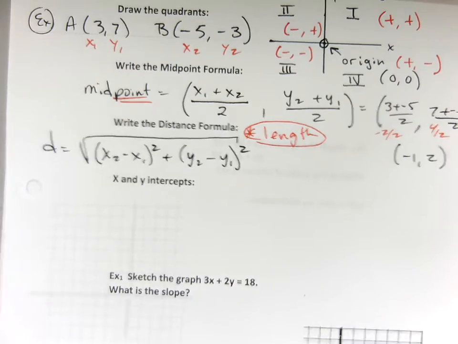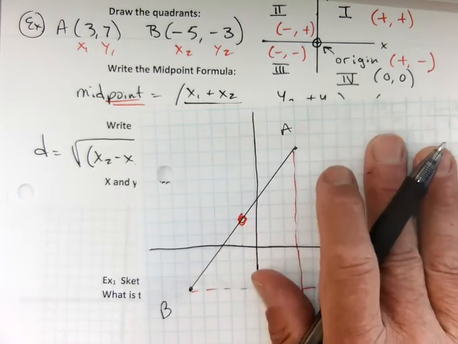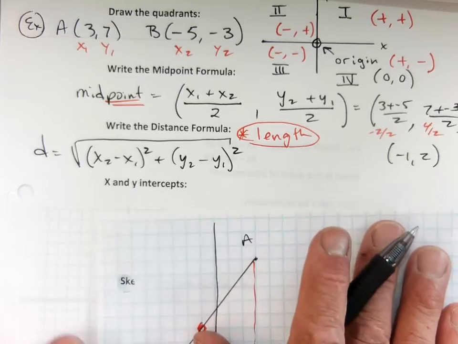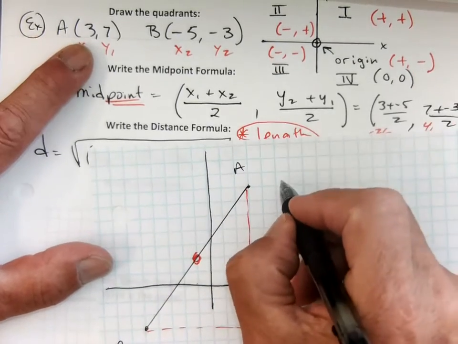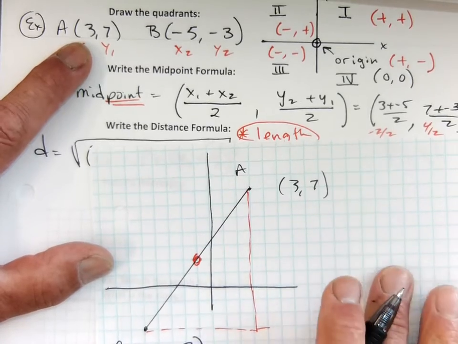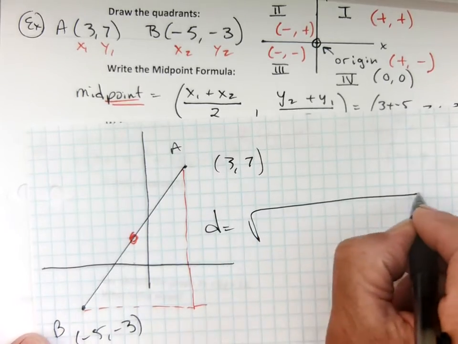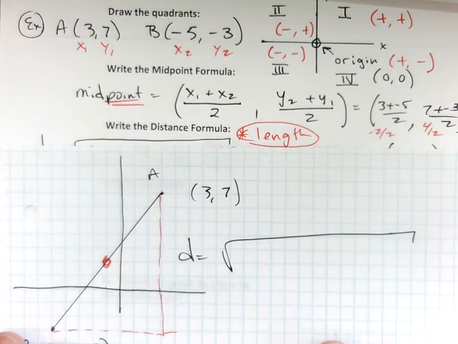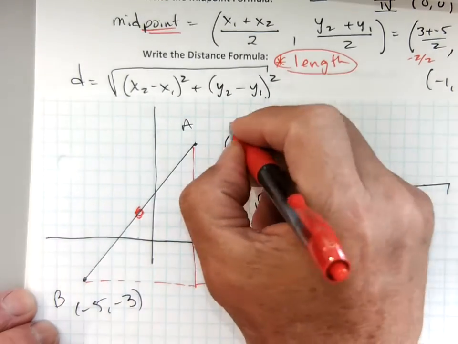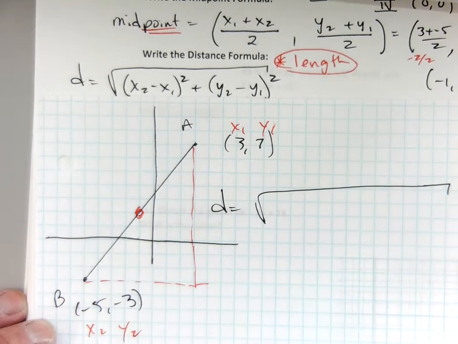So then, if I want to find the length or distance of AB, I've got my points, which happen to be 3, 7, and negative 5, negative 3. I would go D equals the big square root of, okay? Here's my formula. We called this one x1, y1, and this one x2, y2.